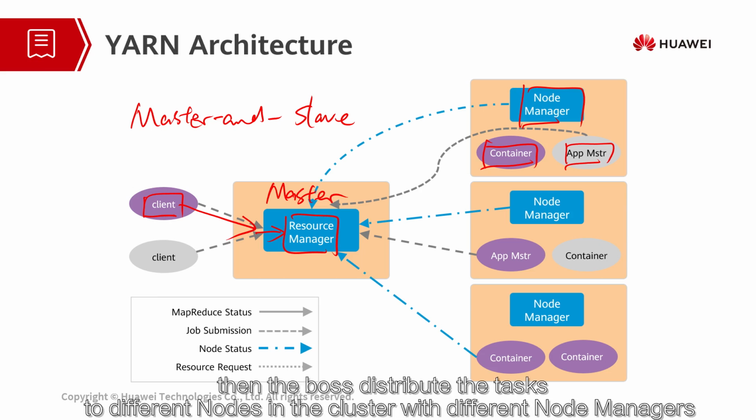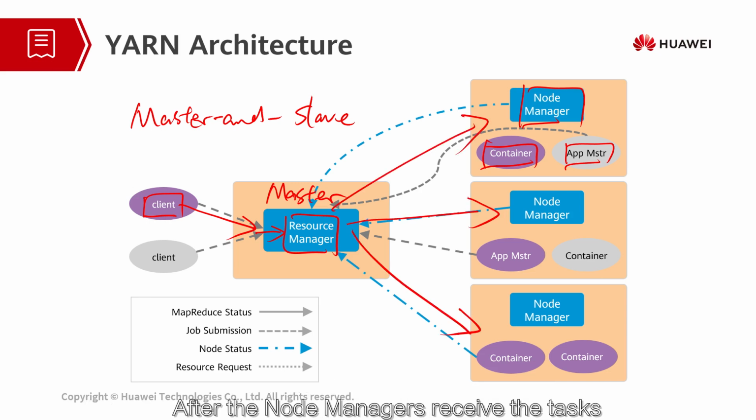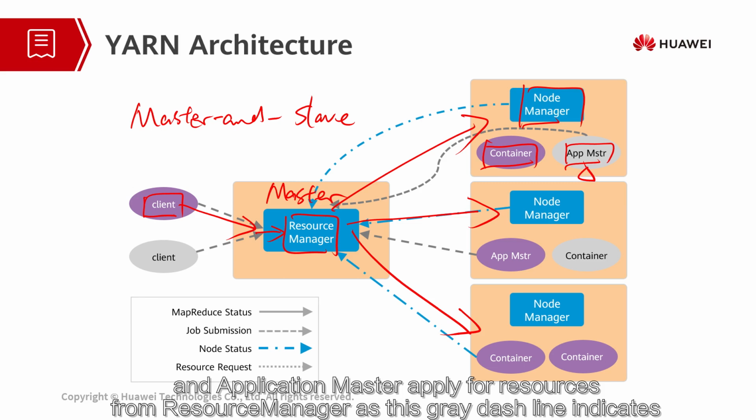Then the boss distributes the tasks to different nodes in the cluster with different Node Managers. So after the Node Manager receives the tasks, it starts a container as the Application Master. And Application Master applies for resources from Resource Manager, as this gray dash line indicates.